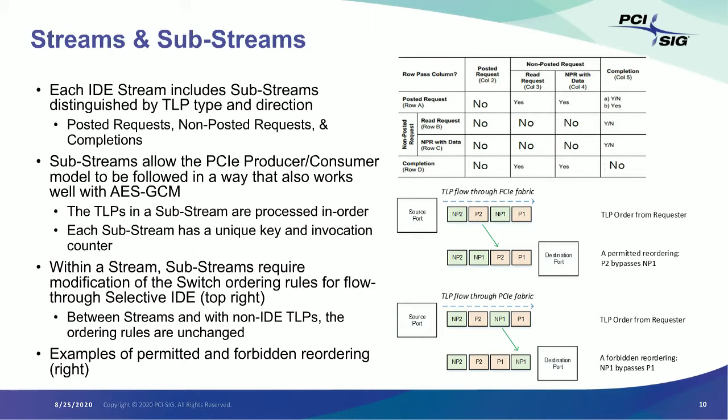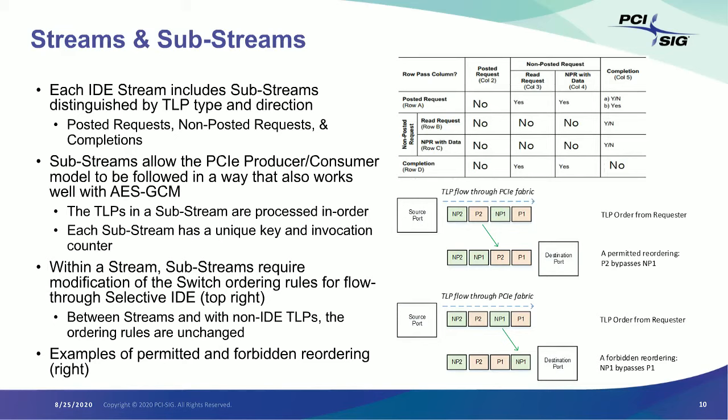So like posted requests can still go around non-posted requests. But within each one of these types, the traffic can't be reordered. So all of the posted requests come in order, but all of the non-posted requests also come in order. That wouldn't normally be a requirement, right? Non-posted could normally be reordered safely around one another.